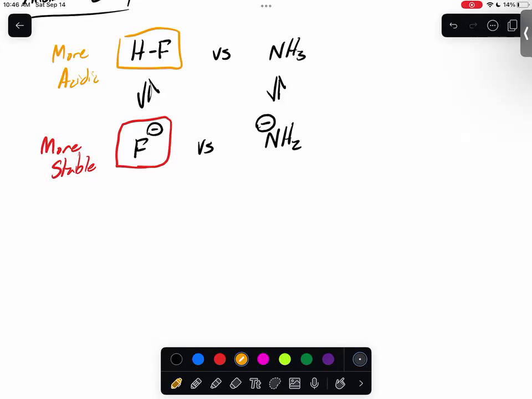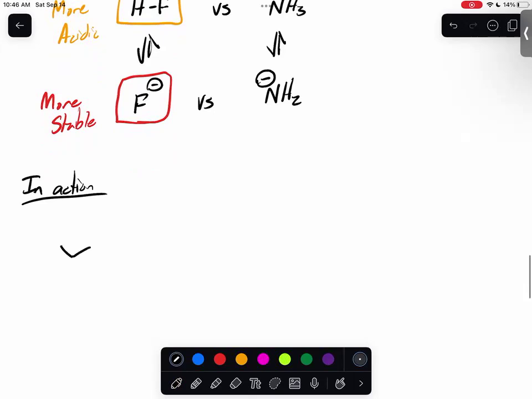All right, so electronegativity matters a lot for us. And so if we want to take a look at this in action, once again, it actually making a difference in a reaction for us. Let's say we had a situation where we had this molecule here and it's interacting with some type of base. First thing that we have to think about is which proton is more acidic.